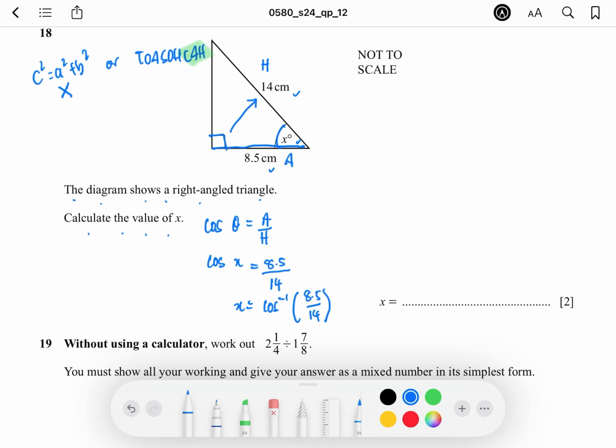Use your calculator, calculate it, and you should get 52.6, correct to 1 decimal place, because it's an angle.